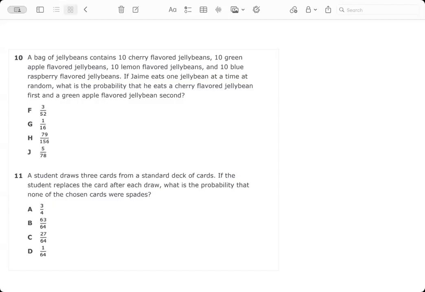Mitransh, you want to check the second answer? Second answer. I don't know.